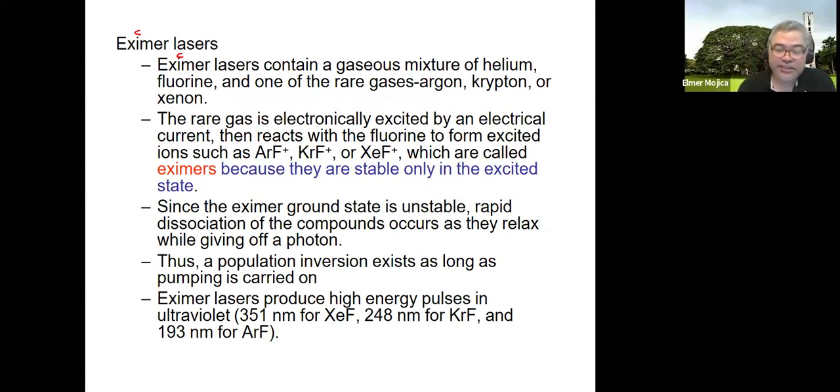The rare gas is electronically excited by an electrical current, then reacts with the fluorine to form the excited ions that we call excimers. Okay, they are only stable in the excited state. Since the excimer ground state is unstable, rapid dissociation of the compounds occurs as they relax while giving off photons. So you only have this population inversion as long as pumping is carried out.